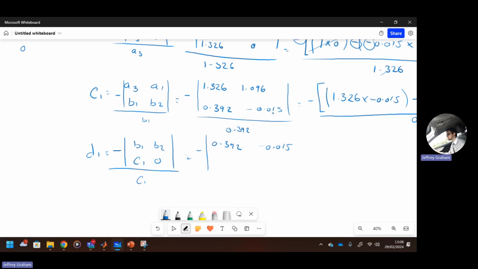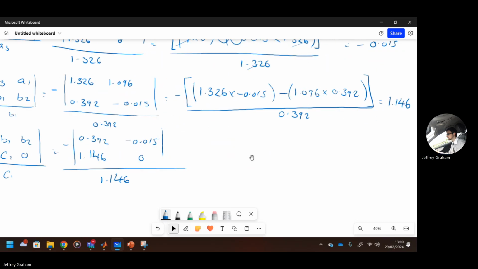And you can see these two have moved up. In go C1, which we just worked out, and 0, all over 1.146. Back to 0.392, it's times by naught.